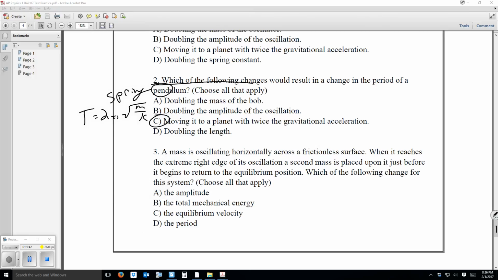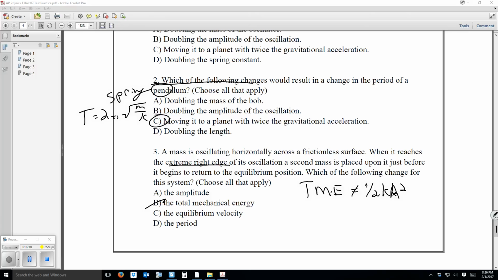So if I change the mass, I'm not changing my total mechanical energy at all, because at that amplitude, when it reaches that extreme right edge, all of my energy is potential. I didn't change my 1/2, my k, or my A squared. I didn't change my amplitude at all.